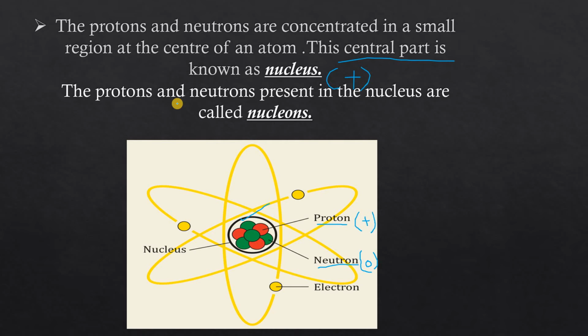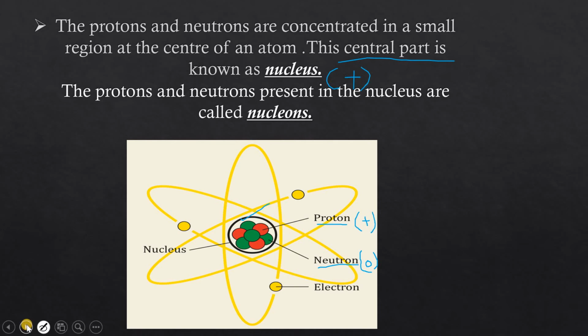Understand this point very clearly: in an atom, the central part called the nucleus contains the protons, the positively charged particles, and neutrons, the particles without charge. The protons and neutrons present in the nucleus are together known as nucleons.